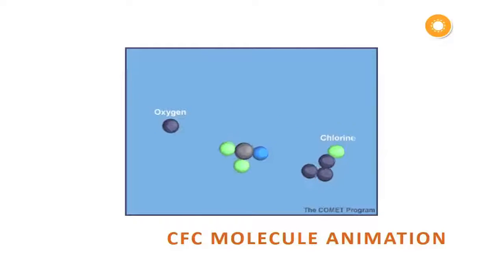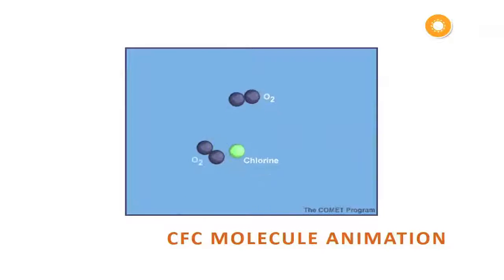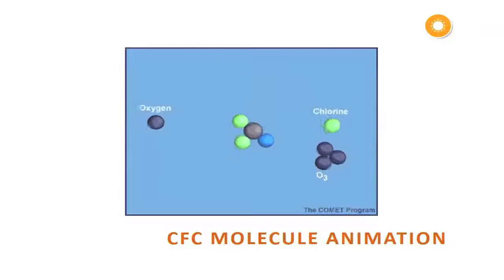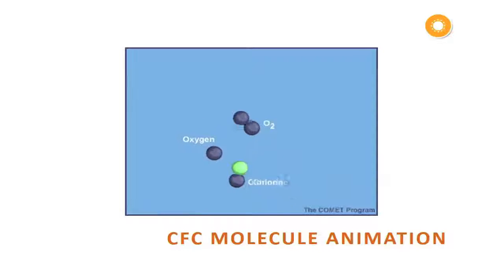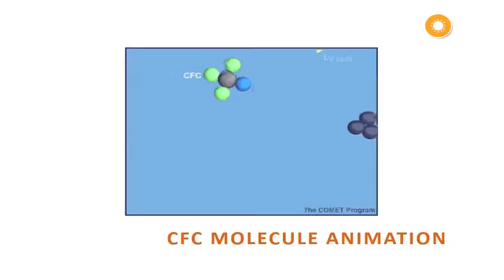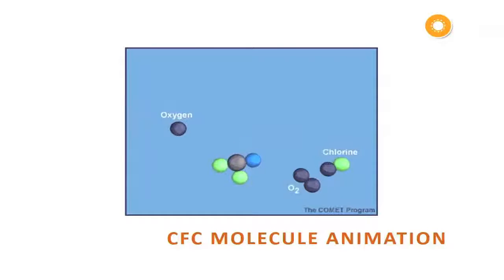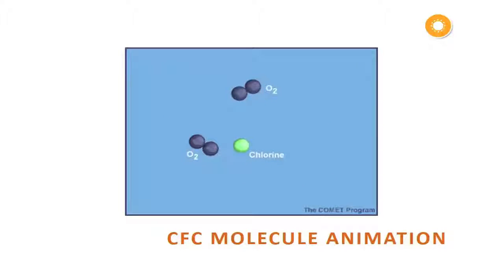A free oxygen atom breaks apart the chlorine monoxide molecule, releasing this chlorine atom and forming another oxygen, or O2 molecule. This gets us back to the beginning, where this chlorine atom can now break apart another ozone molecule and repeat this process up to thousands of times from just a single molecule. So what you can see very quickly here is that even a small amount of this CFC chemical that reaches the atmosphere has the potential to do a lot of damage.